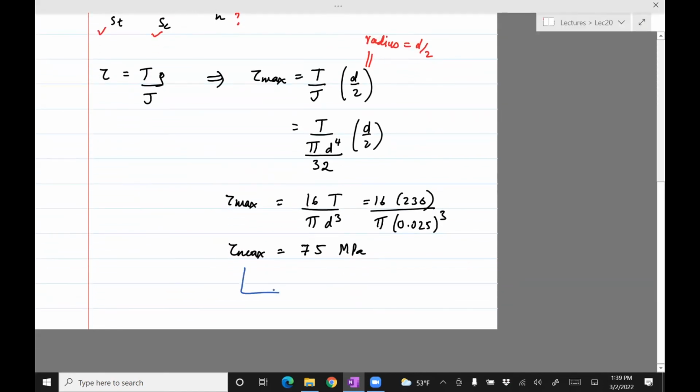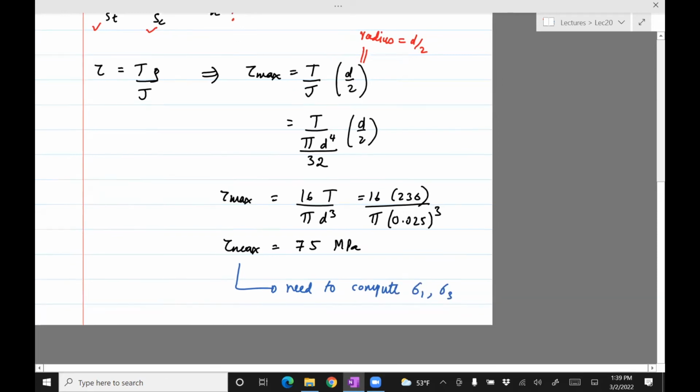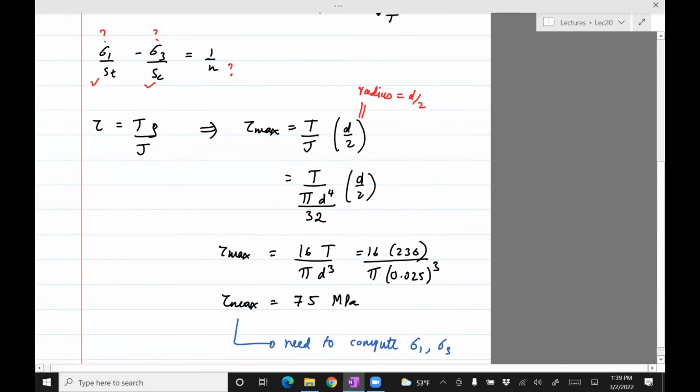From this, we need to compute sigma 1 and sigma 3, which go in that equation which we are after.